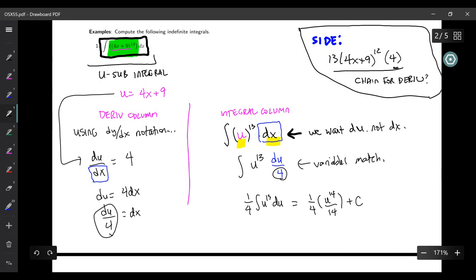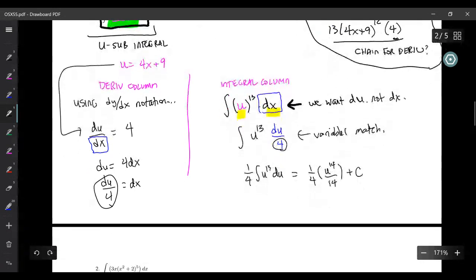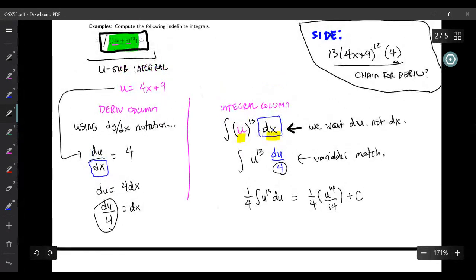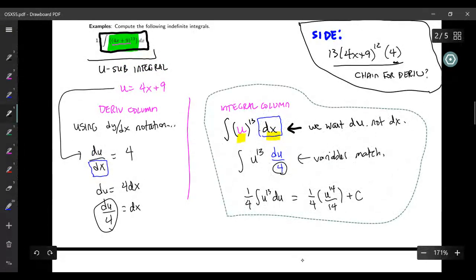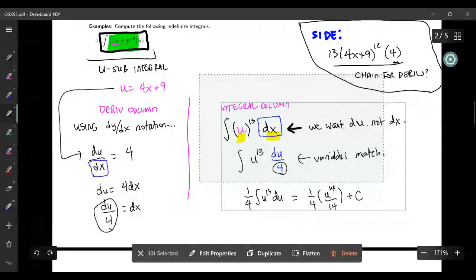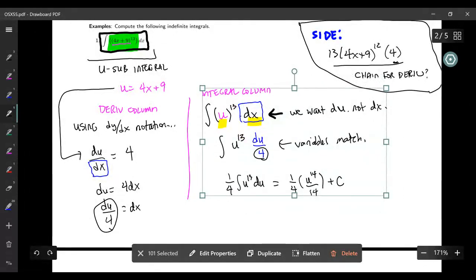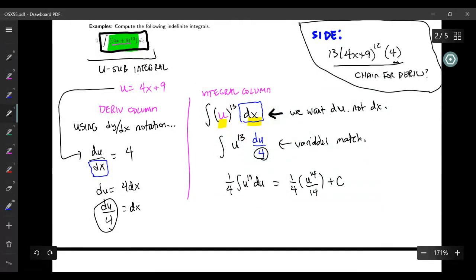So remember that you're adding 1 to the exponent and then dividing by the new exponent. Right, so 14 times 4 is 56.